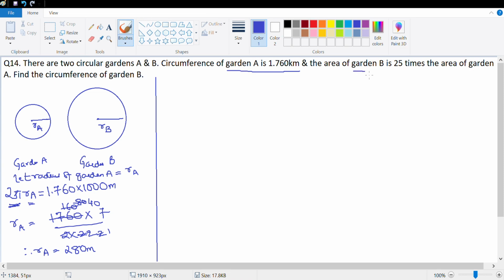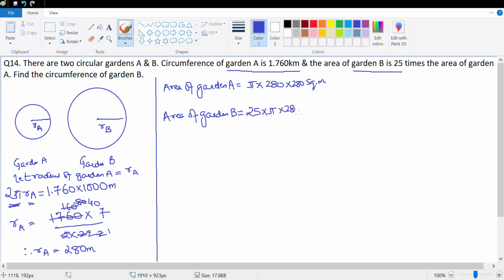Next, area of garden B is 25 times the area of garden A. Okay, so let's first calculate area of garden A. It will be equal to pi into r square, which is 280 into 280 square meter, and area of garden B is 25 times it, which means 25 into pi into 280 into 280 square meter.